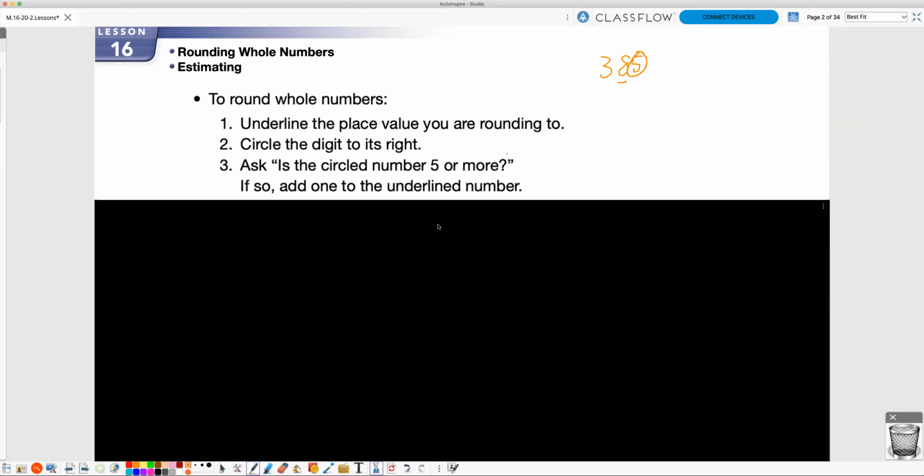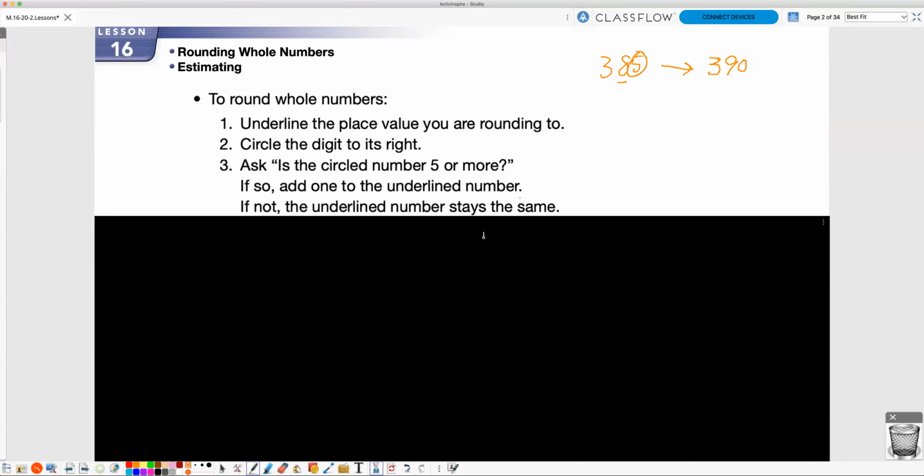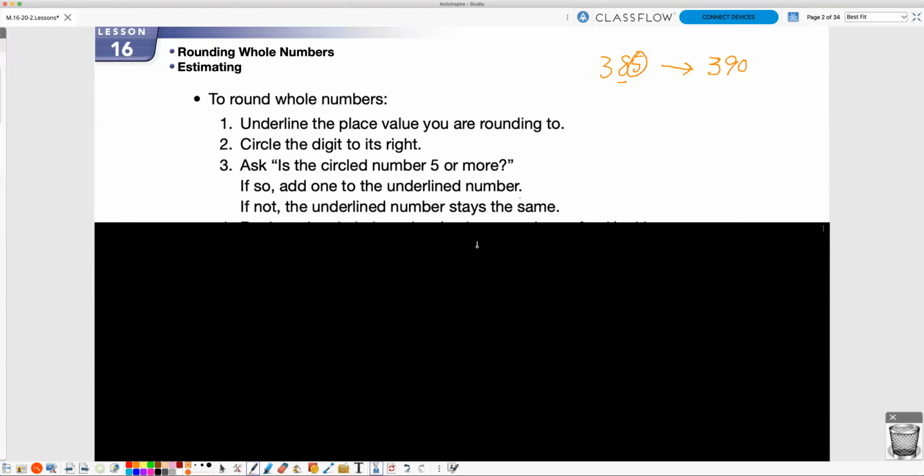If so, you would add 1 to the underlined number. This is a 5, so we rewrite this as this, and you add a 0 in place of that. If it's not 5 or more, then the underlined number would stay the same.